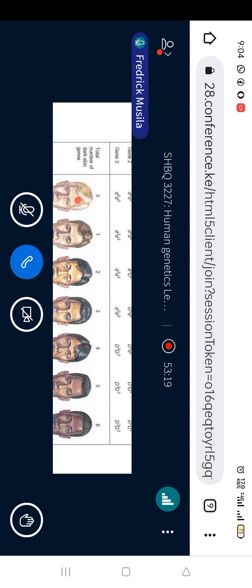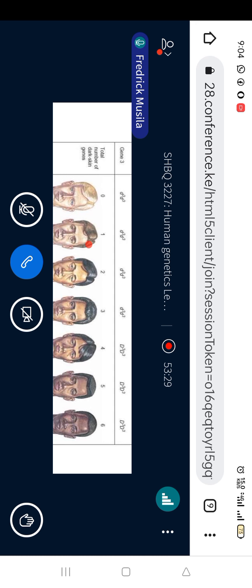When these people come to Africa, they get a lot of skin burns, and when Africans go there, they suffer from lack of vitamin D. So the thing is, just stay where you are.